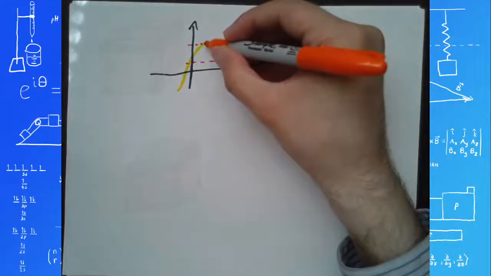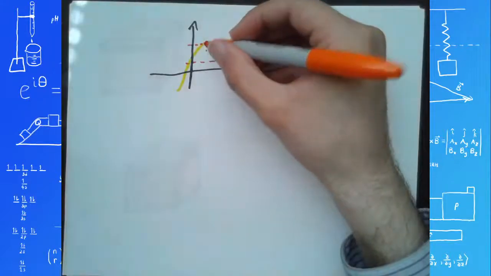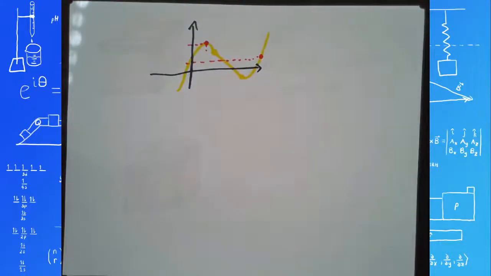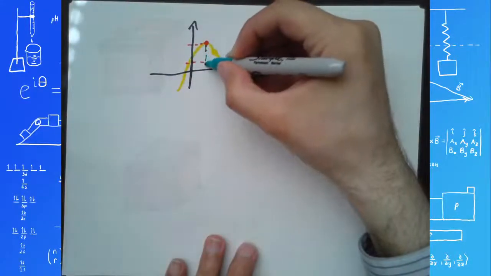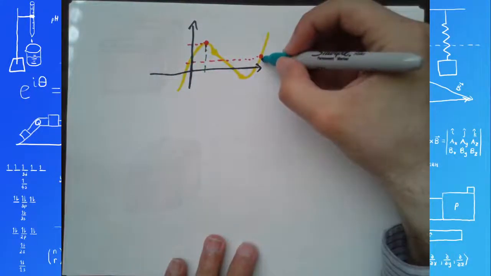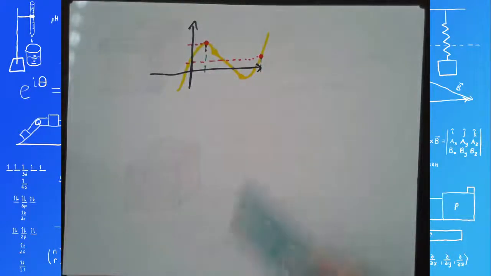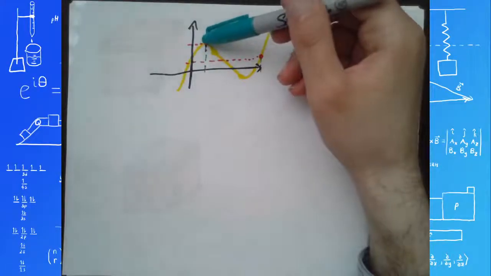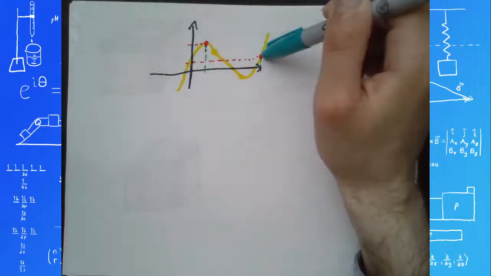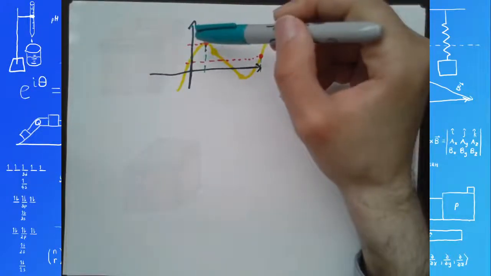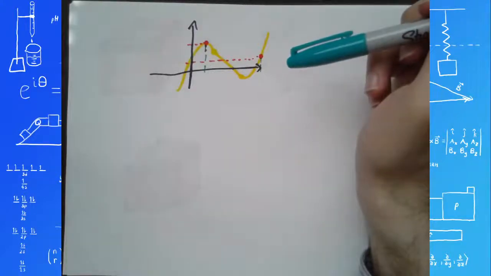If I have two given y values at two given points, let me do that in a different color. Let's say green. Then as long as the function is continuous between those two points, all y values between those two y values are guaranteed to occur.